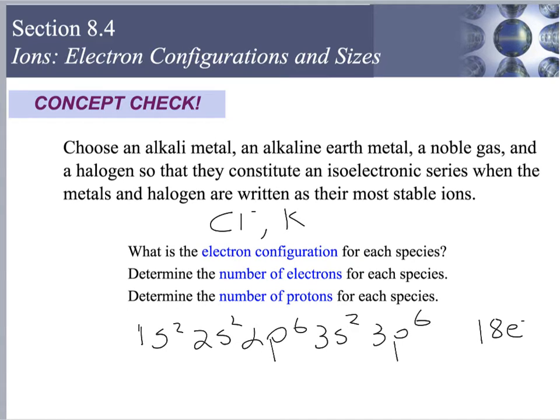Potassium normally has 19 electrons, and then it loses an electron to become similar to argon. One more would be calcium, and calcium is 2+. Now the number of protons is fixed for each particular element. So argon has 18, chlorine has 17, potassium has 19, and calcium has 20 protons.